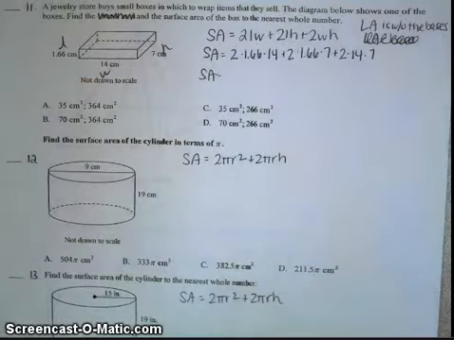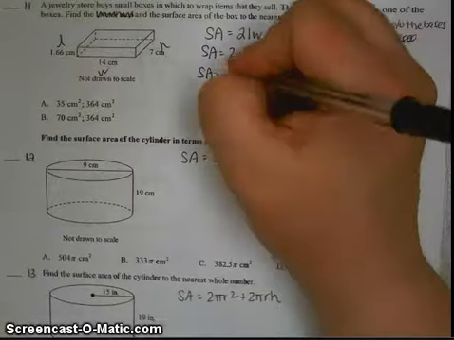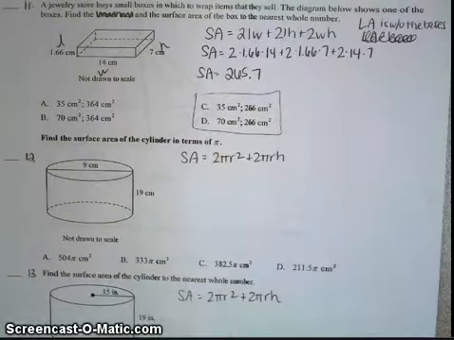And we'll enter that all in the calculator. And we get 265.7. So now we know we're on this end of the spectrum.